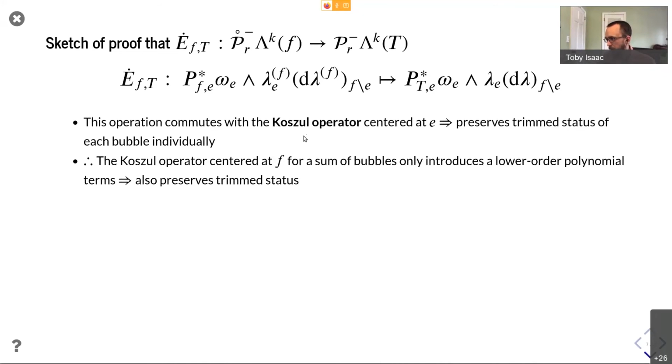So because it commutes with the Koszul operator, it's going to preserve the trimmed status, is it trimmed or not, of each individual bubble. And so when we combine them all back together, it also preserves trim status plus some lower order polynomial.